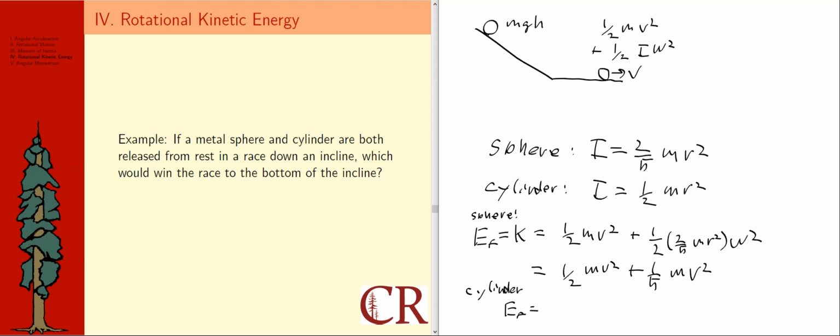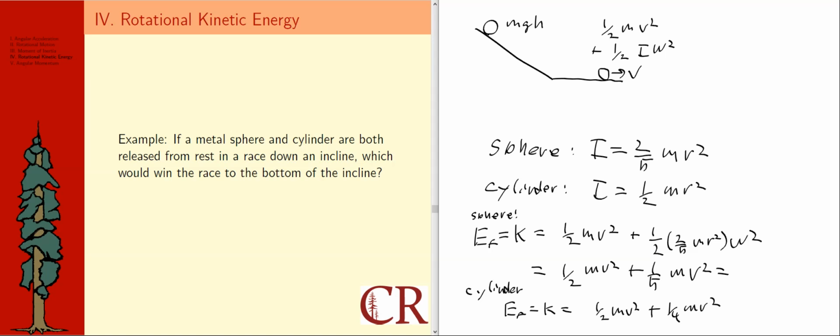Its total kinetic energy, linear plus rotational, would be 1/2 mv squared. If I look at the way this turned out, instead of this 2/5, I'd have a half there. Half times a half would be 1/4 mv squared.